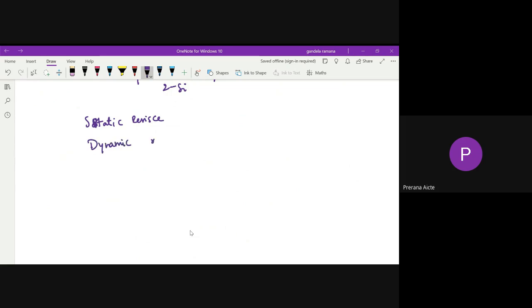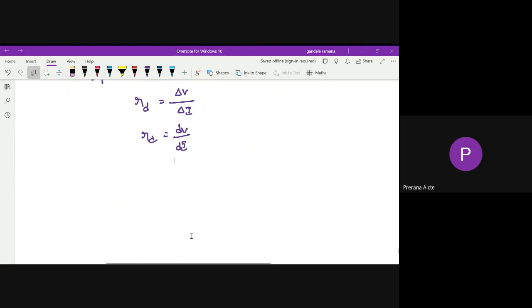Static resistance is VDC by IDC, the DC voltage by the DC current, since I is equal to V by R. Dynamic resistance RD is equal to the change in voltage by the change in current, that is, RD is equal to dV by dI.